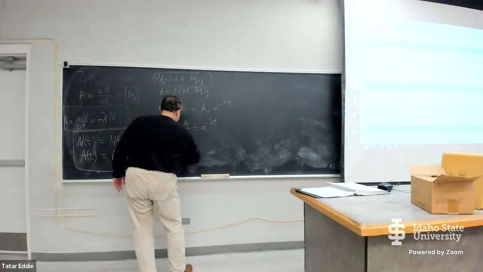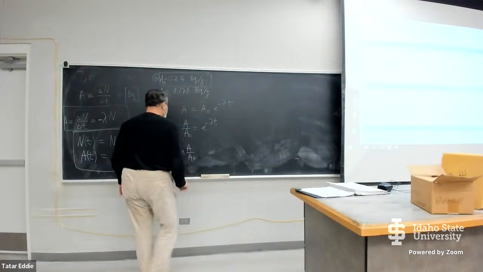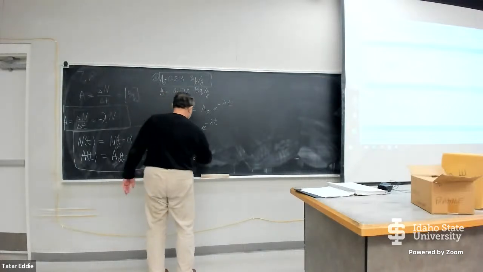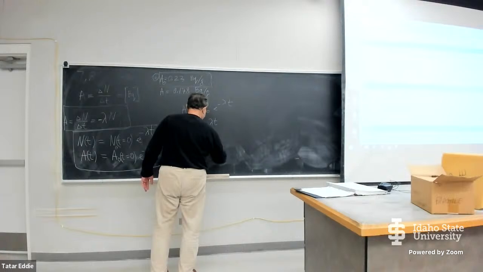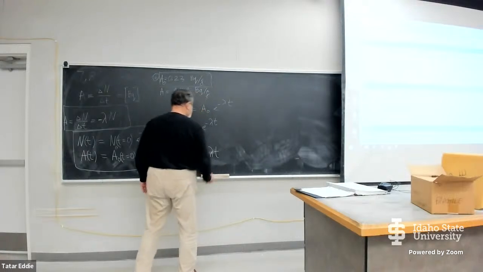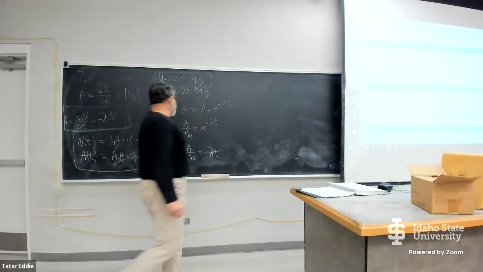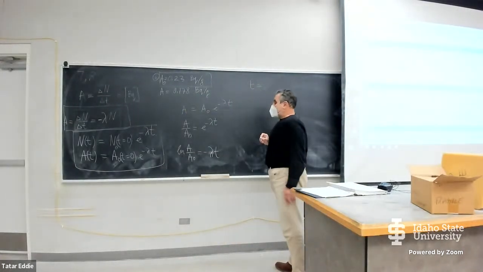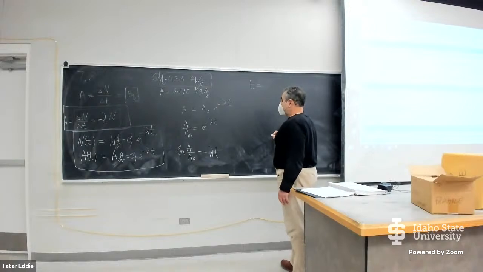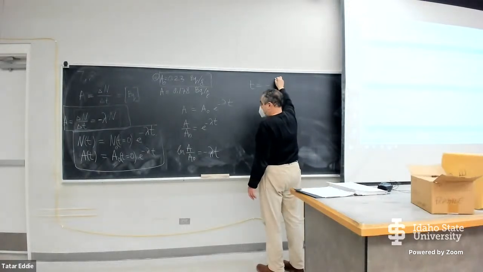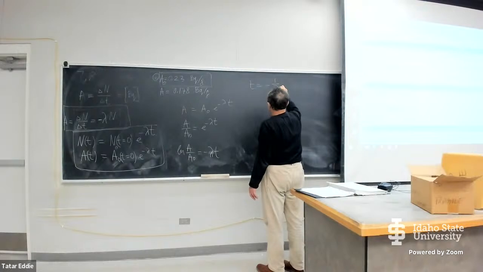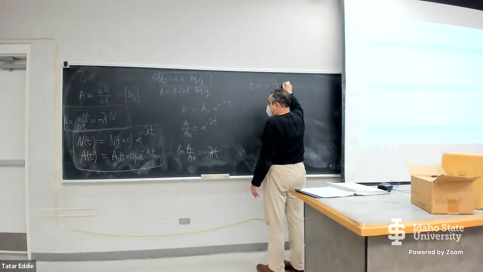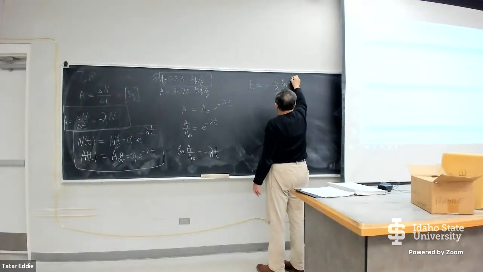You're going to have the natural logarithm of this ratio equal to negative decay constant multiplied by time. And therefore, solving for time, the age of your sample is equal to negative 1 over lambda times the logarithm of the ratio.